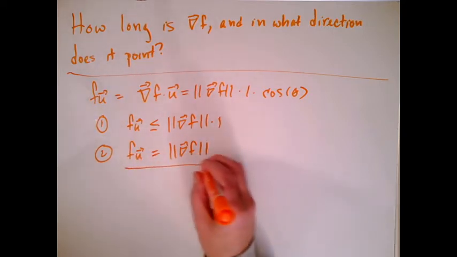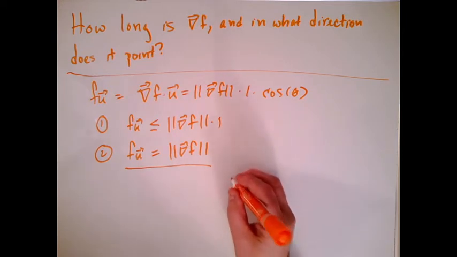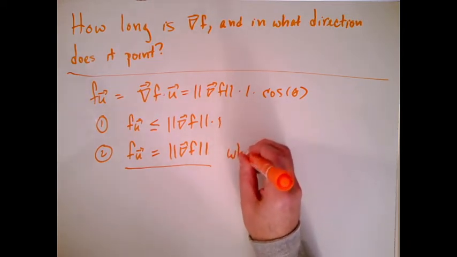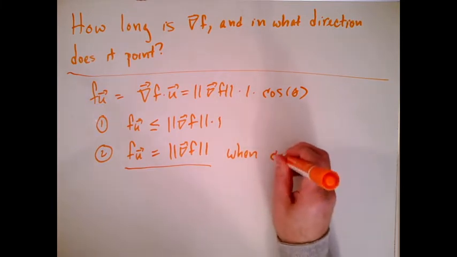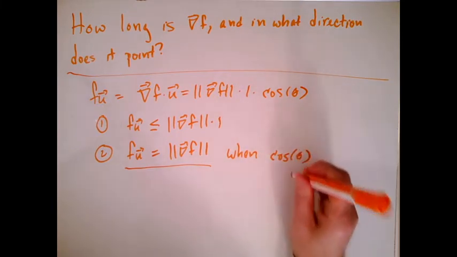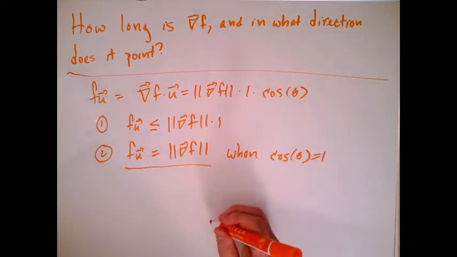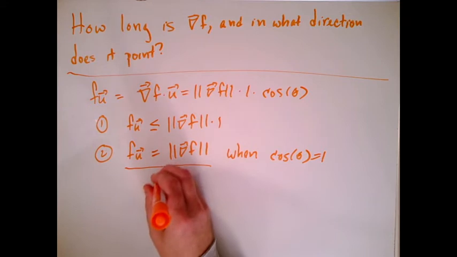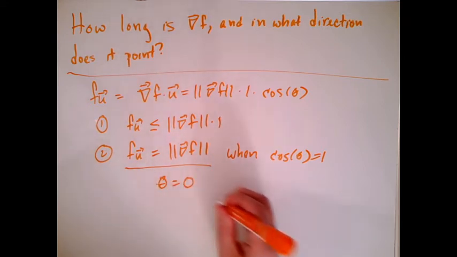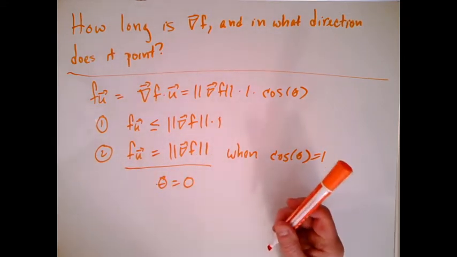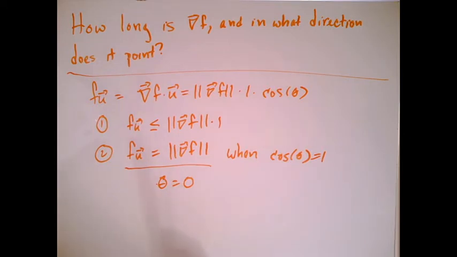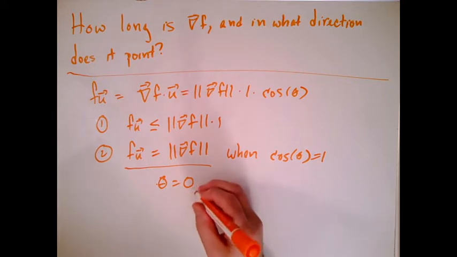Now, when can it actually be that? Well, the slope can only be as big as it possibly can be when the cosine of the angle between the gradient vector and the direction of the chop is 1. Let's write that a different way. So the slope of a chop can only be as big as possible when the angle formed by the gradient vector and the direction of the chop is 0, right?